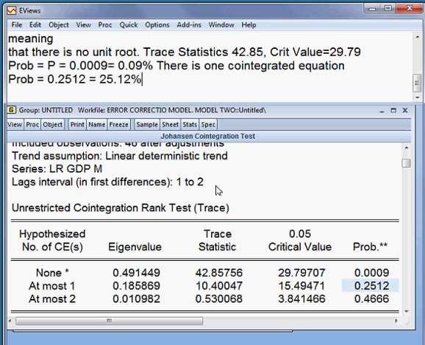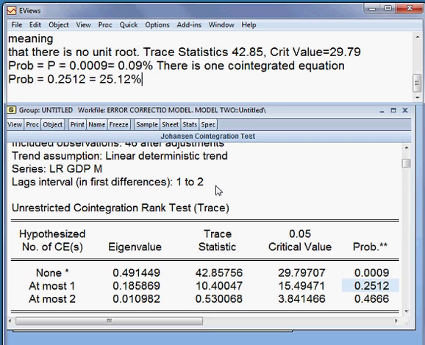That is the p-value, and it is more than 5%, so we cannot reject the null hypothesis. All the variables are co-integrated.